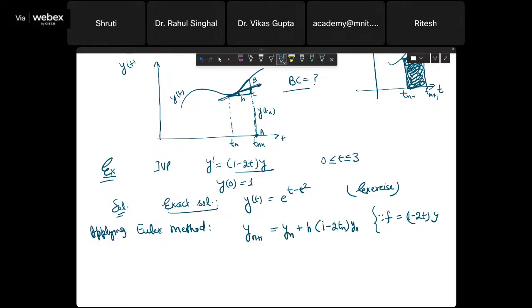Now let me consider the step size. Let us solve it by taking the step size 0.25.